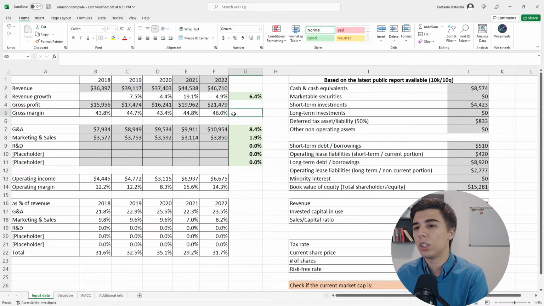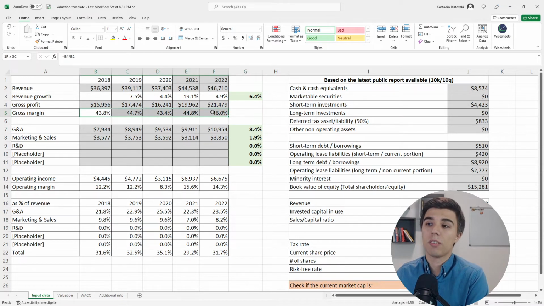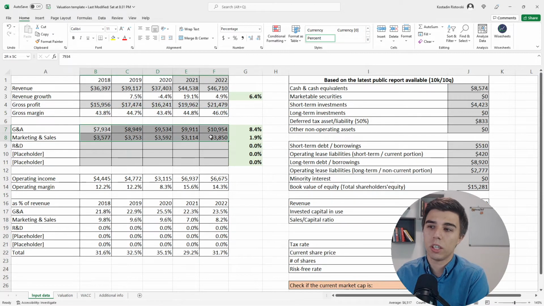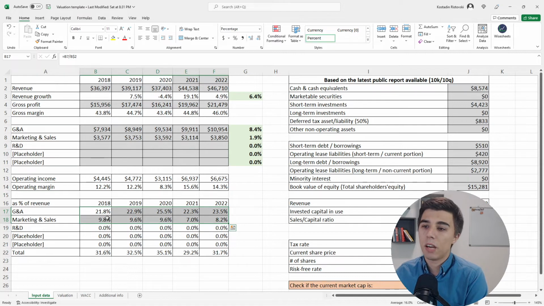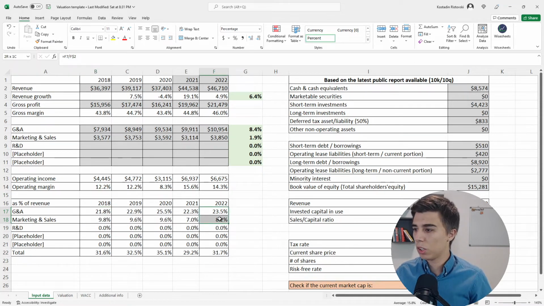So in a nutshell, there are a couple of points that we can look at. This is definitely one important, and then of course the other expenses as well and how they develop over time. I'm not very happy with this part, that if we take those two together, we have 31.6%. You probably cannot see it from the camera, but now it's almost the same, so there isn't really improvement.